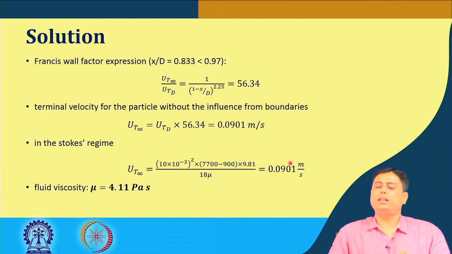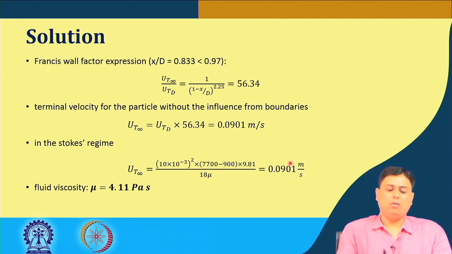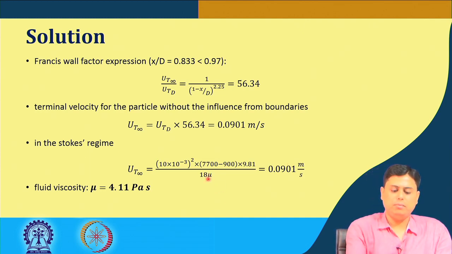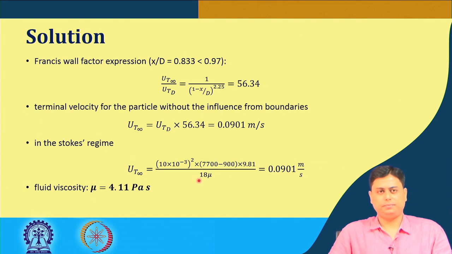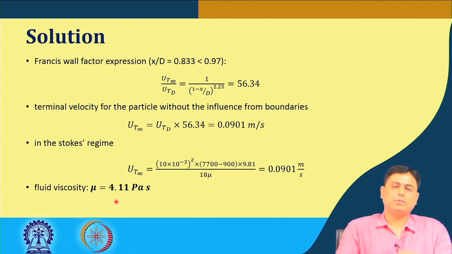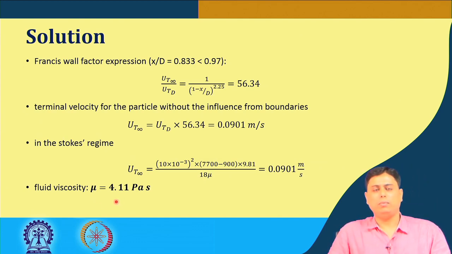We measured the actual terminal velocity, we have to correct that for the infinite pool of liquid, and then we use it in the terminal velocity expression, equate that with that value, and we get our unknown factor, which is the mu. In this case, the value comes out to be 4.11 Pascal second.